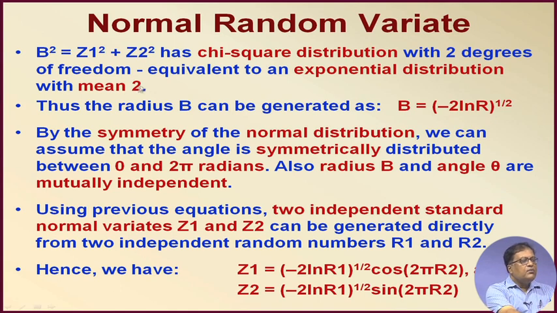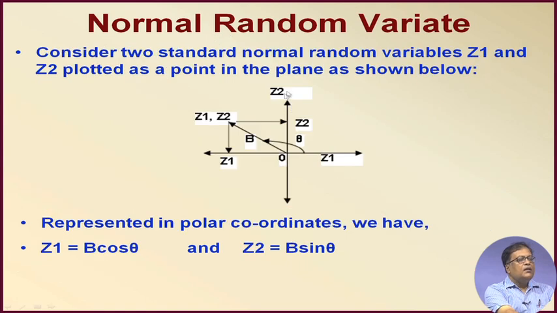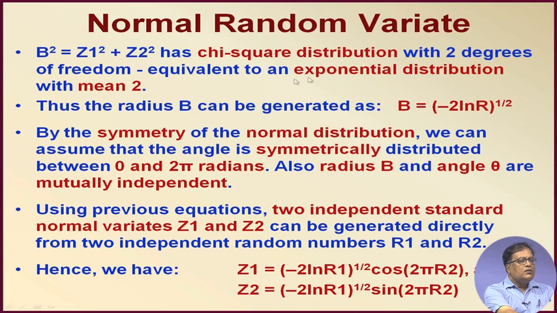Because B square equals z1 square plus z2 square, if they are standard normal variables, then B square follows what is known as the chi-square distribution. By the symmetry of the normal distribution, we can assume that the angle is symmetrically distributed between 0 and 2 pi radians, and also that radius B and angle theta are mutually independent.